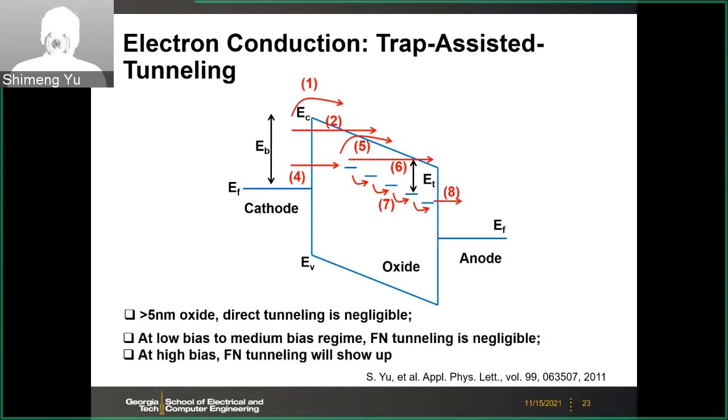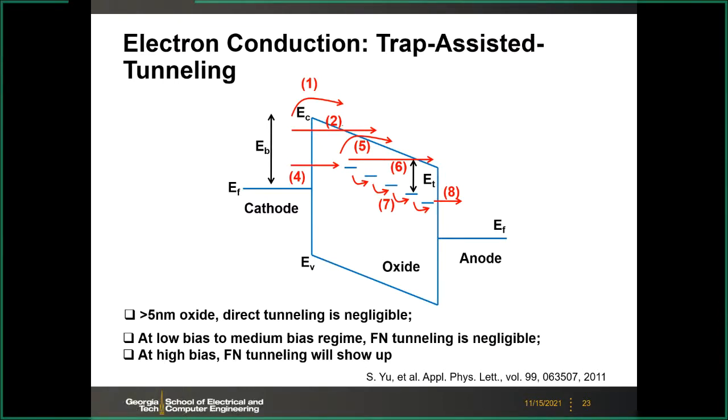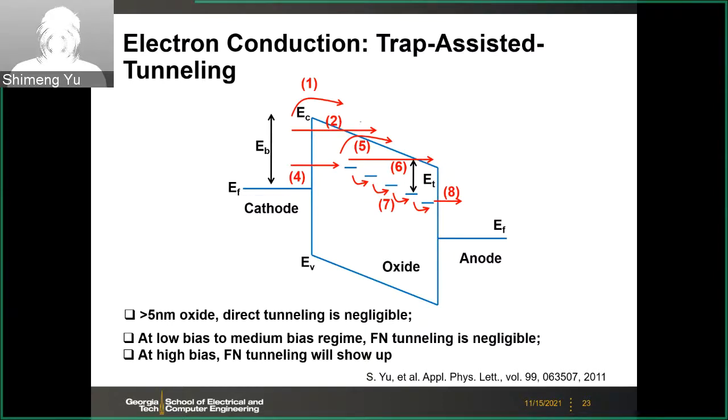And the conduction mechanism through the filament is typically the so-called trap-assisted tunneling. And this is actually from one of my earlier papers, like 10 years ago. So there are many possible conduction paths for two electrodes separated by the oxide.